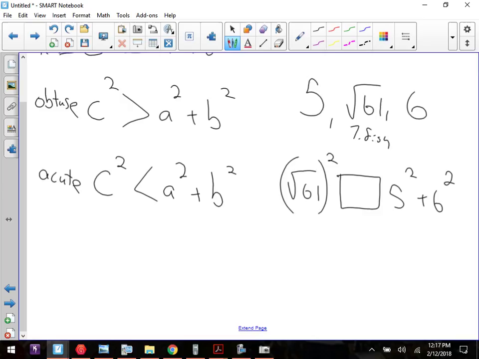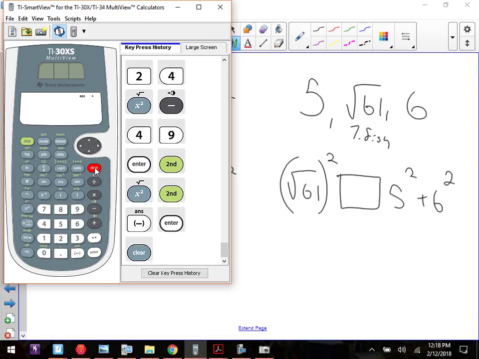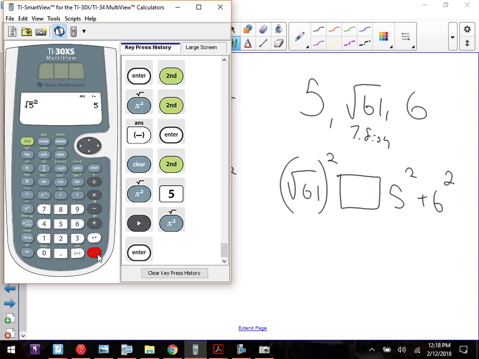Why do I put square roots in parentheses before I square them? Yeah, you could ruin the answer. It's hard to screw up when you have just the square root of something. But if there was a number in front of the root, like 2 root 61, and you don't use parentheses... If I had just the square root of 5 and I squared it, it'll just give me 5, because there's no number in front of it.